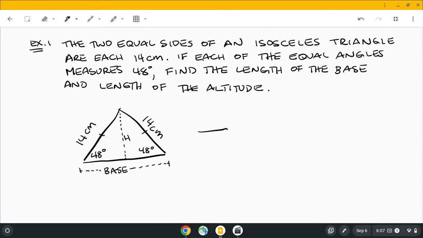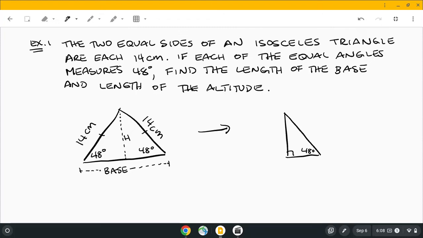So I'm going to go over here and draw just only one of them, because I only need one. And I know this is 48 degrees, and I'm trying to find this distance here.